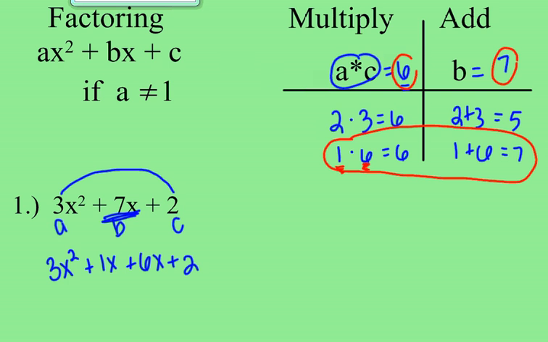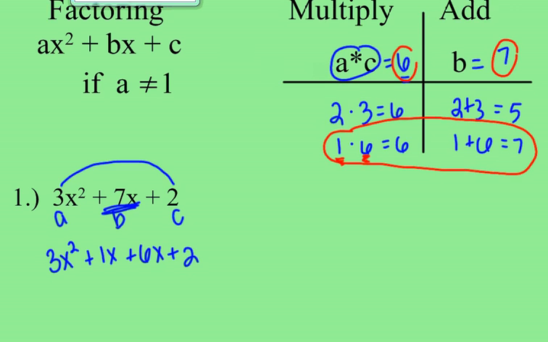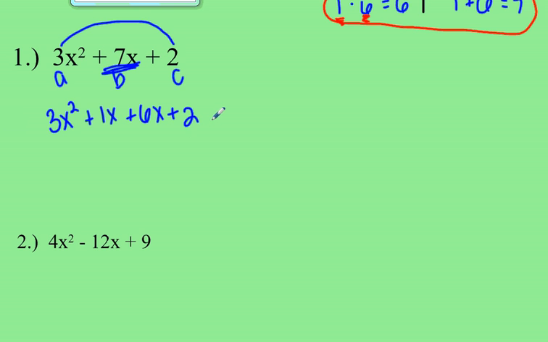So, now that I've rewritten my problem, I now have a polynomial with 4 terms. We learned earlier in this unit that polynomials with 4 terms can be factored by grouping. So I'm going to group my first 2 and my last 2 terms together.